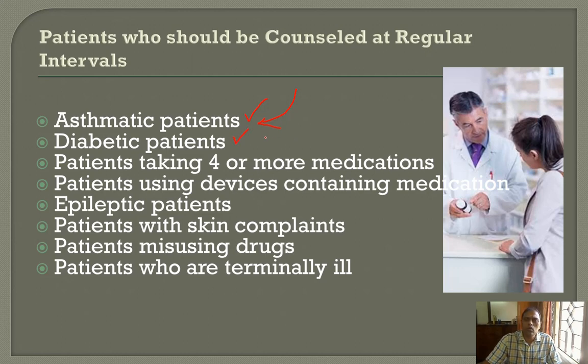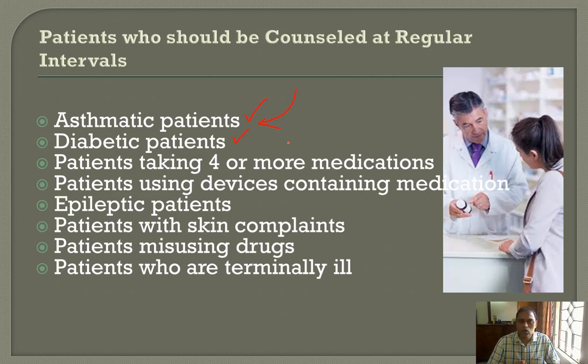Diabetic patients may take more than one medication. They also need help in using glucometers, the machines that can find out the blood sugar level. Nowadays these little machines are sold in the pharmacies.